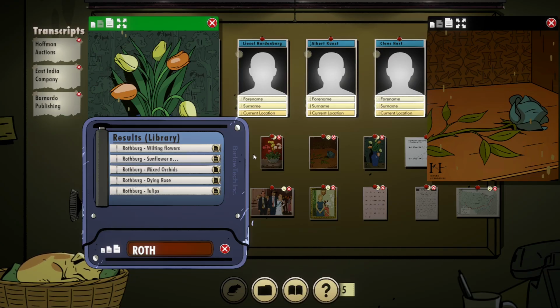I think Dying Rose and Tulips were forged.